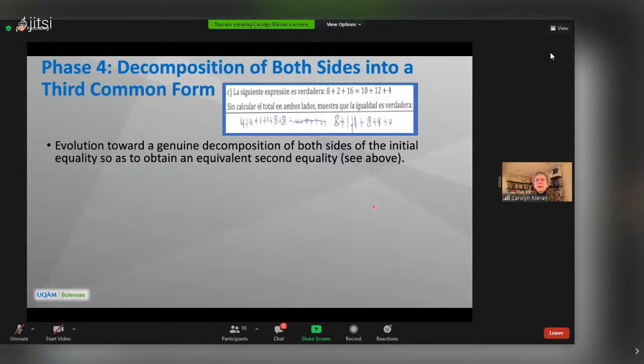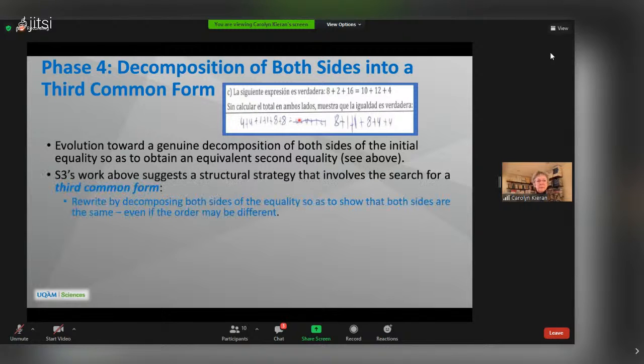As we see, student 3 here decomposed the left side as follows, wrote his equality, and the right side in this way. So this decomposition of the right side was guided by the decomposition that he had carried out on the left side.